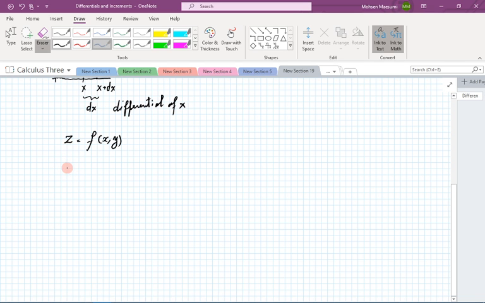Z is going to change to z plus delta z, and that delta z, the increment in z, is going to be the value of the function at incremented x and y. So I change x to x plus delta x, change y to y plus delta y, and from that I subtract the original value, which is f of x and y, and that would be the increment in z.